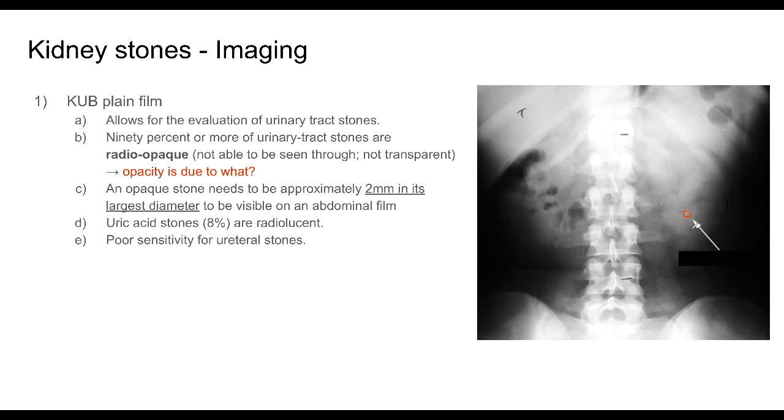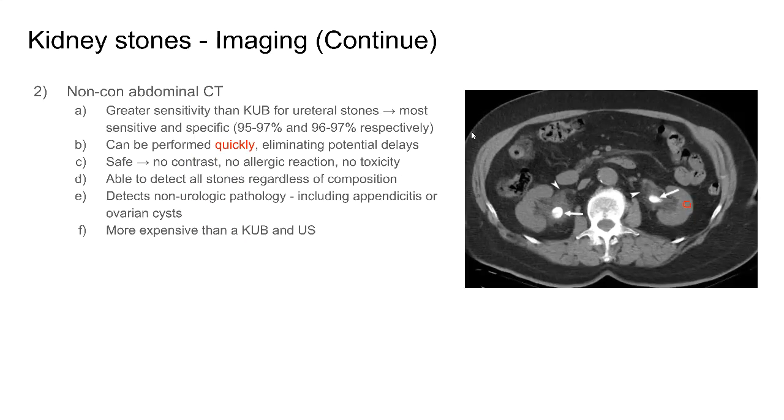It can be seen incidentally, but it's not a screening test that people use to diagnose the stone. You can see stones on the KUB plain film, but it's very poorly sensitive. All right, the next imaging technique that we use is the CT scan, which is very common.